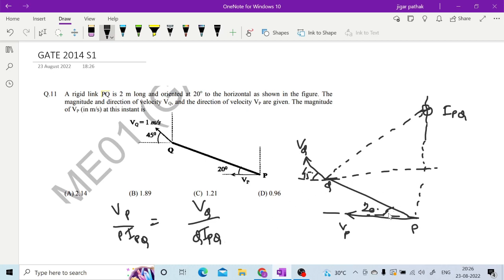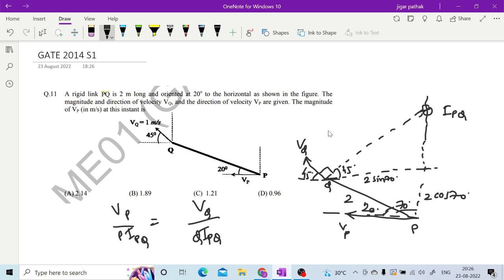So here this is 20 degrees, so this is 70 degree. This link length is given as 2, so this will be 2 sine 70. Here this is perpendicular, so this is again 45. As this is 2, this is 70, this is 2 sine 70, this is 2 cos 70, and here this particular can be calculated from cos 45 is equal to this x upon 2 sine 70.